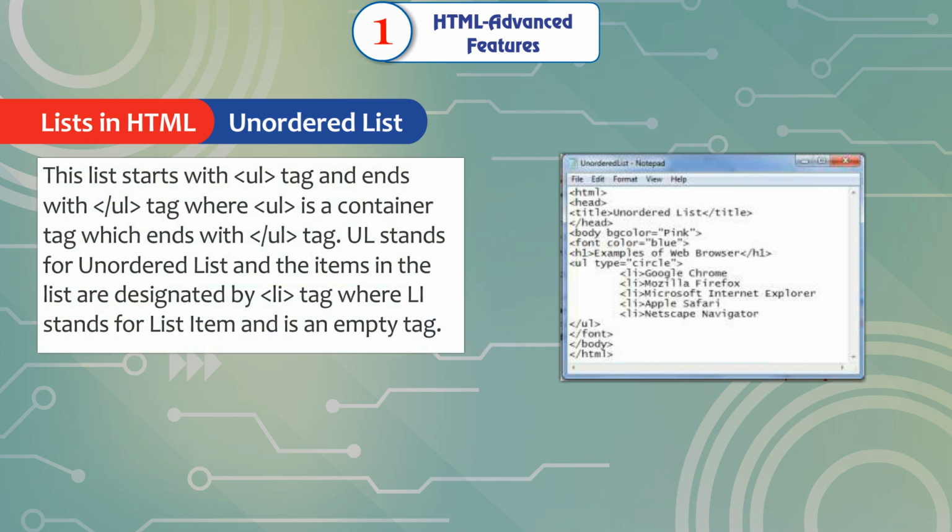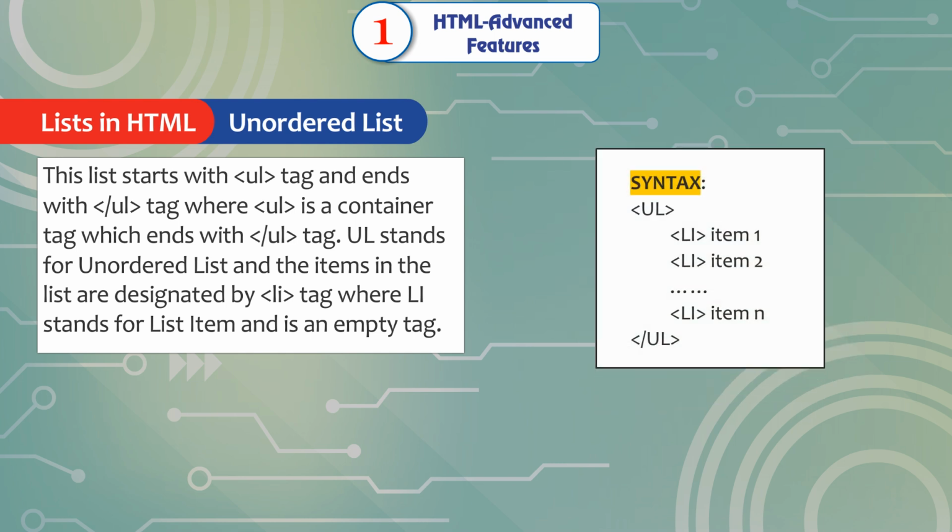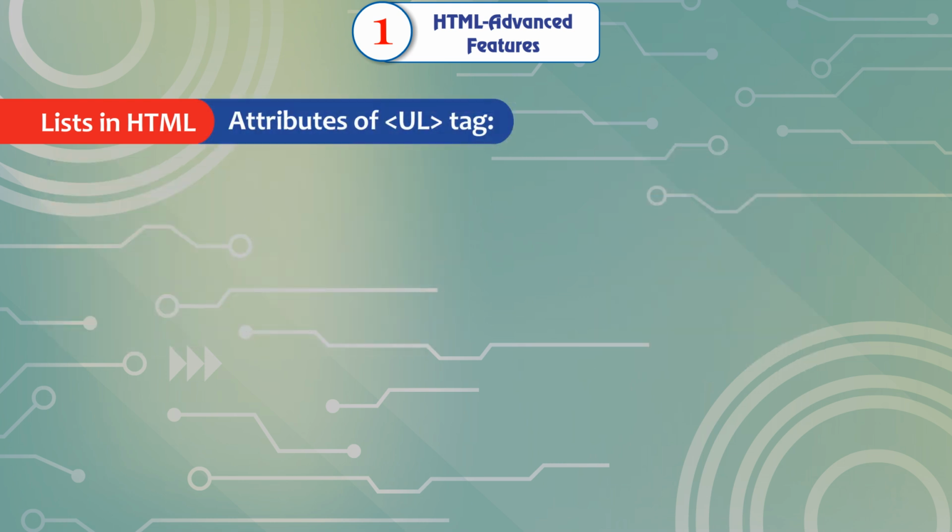This list starts with the UL tag and ends with the /UL tag, where UL is a container tag. UL stands for unordered list, and the items in the list are designated by the LI tag, where LI stands for list item and is an empty tag. Syntax. Attributes of the UL tag.